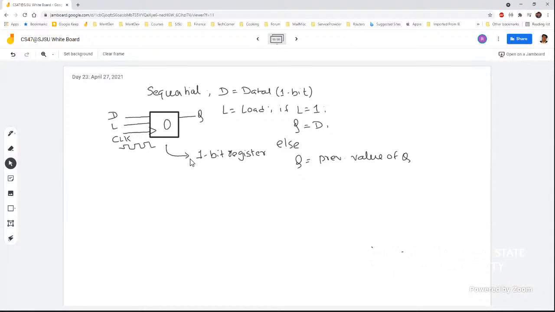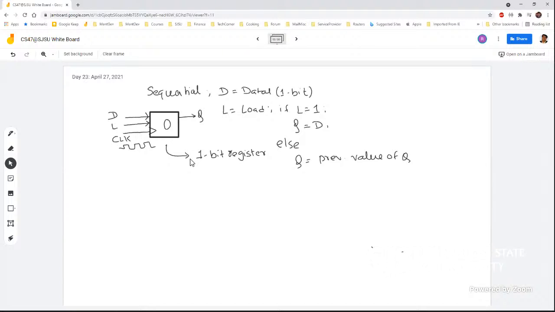But for our purpose of understanding, this is sufficient. There is a very low-level component called a 1-bit register. It's a hardware component which has incoming data, this input, a control signal called load, and an output Q, and its operation depends on the clock signal.